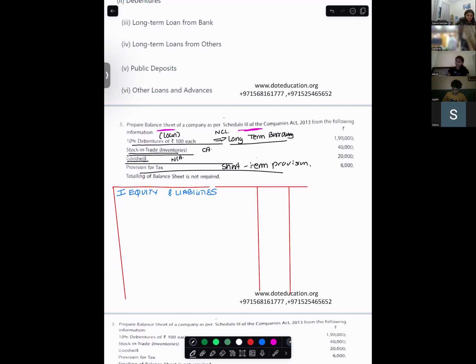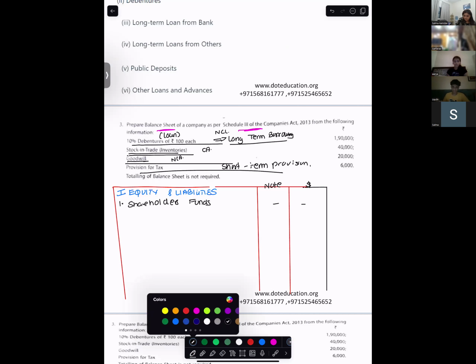In that, number 1 is what? Shareholders funds. Do you have any shareholders funds in the question? No. So dash.